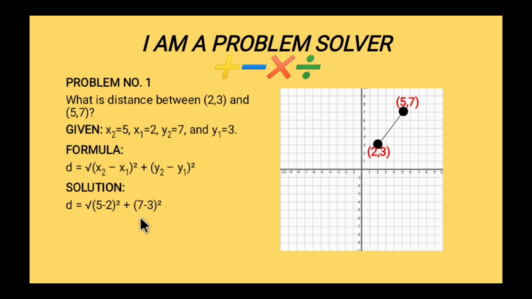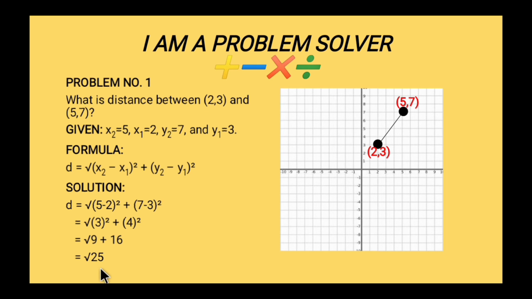So we have the square root of 5 minus 2, squared, plus the square of 7 minus 3. So next, we have 5 minus 2 is 3, plus 7 minus 3 is equal to 4. So we have 3 times 3 is equal to 9. Then 4 times 4 is equal to 16. So we have 9 plus 16 is equal to 25.